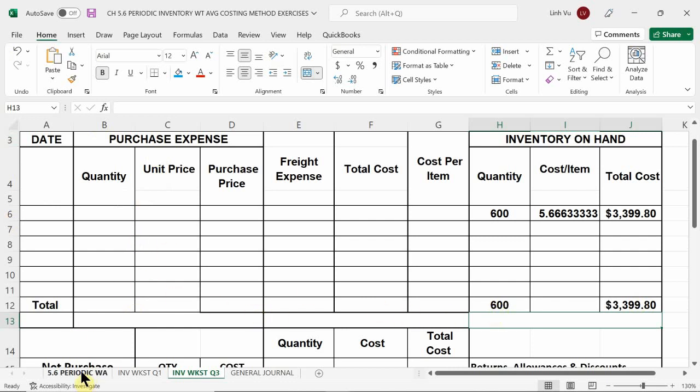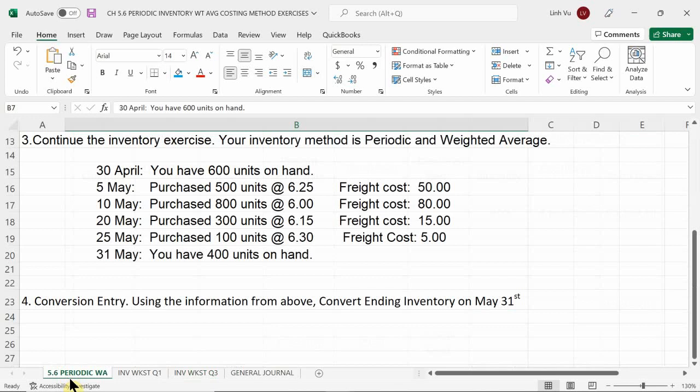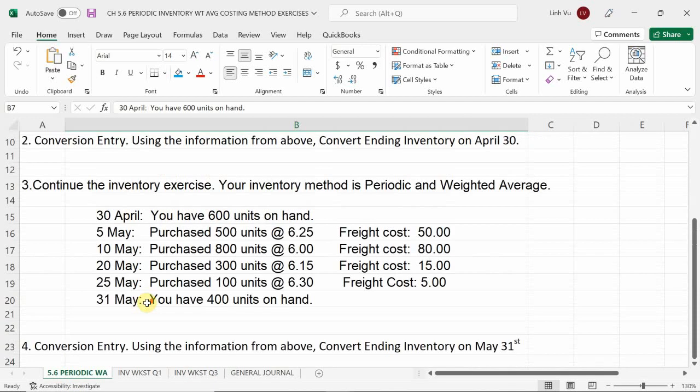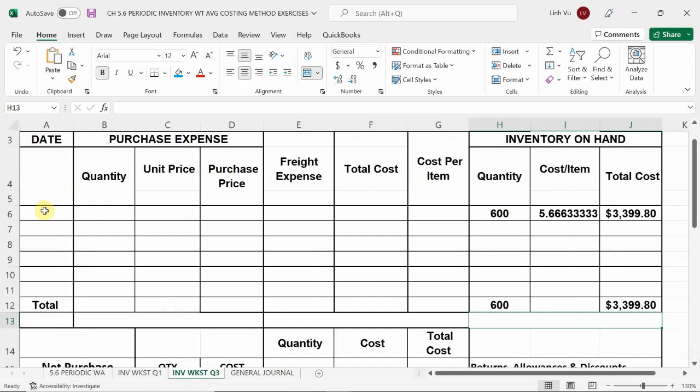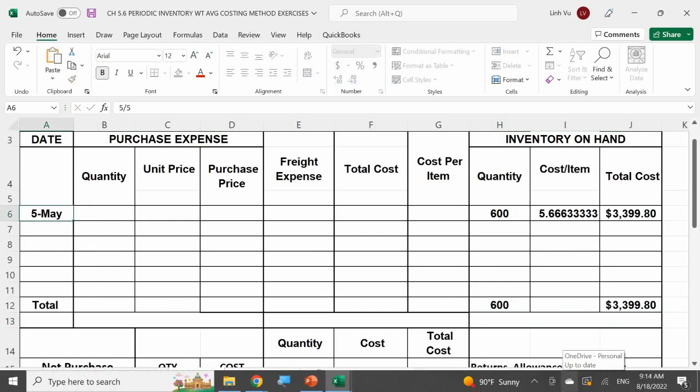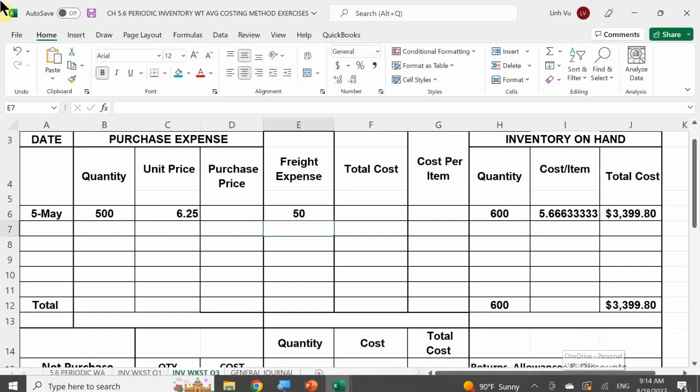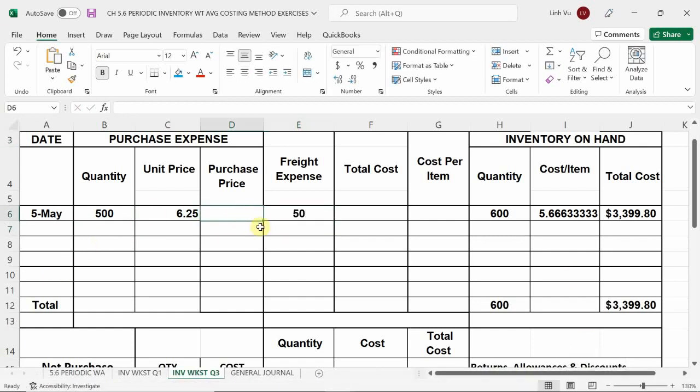So then let's go ahead and add in my purchases. On May 5th, you purchased 500 units at $6.25 with a freight cost of $50. What's my purchase price here?